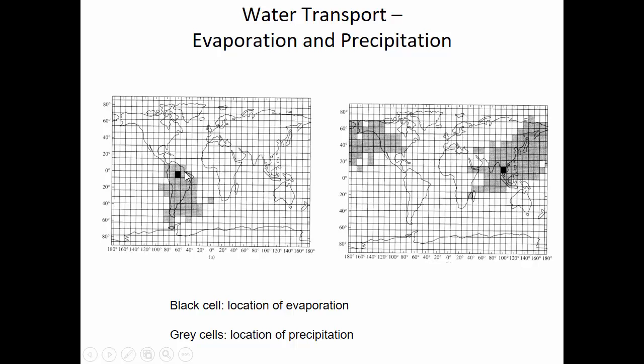Here in South America, there was evaporation occurring in the Amazon, but that water, when they radio labeled it and measured where it was found, was dispersed over the entire South American continent. That's just showing the power of air movement across the globe.